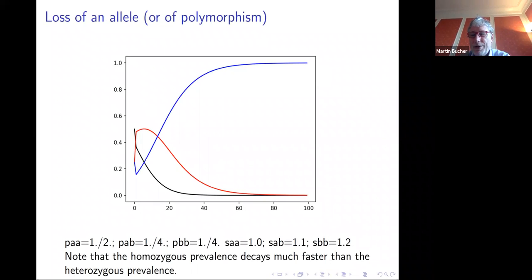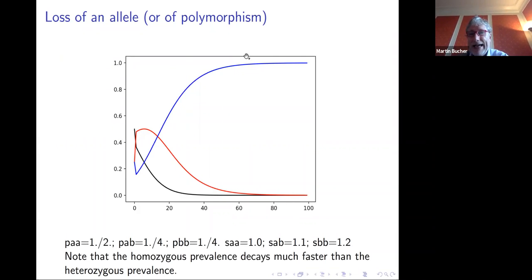Okay, let's do something else. So let's choose a case where we're going to have the B allele, the homozygous combination preferred. Here you get what I think would be described as a trivial fixed point.